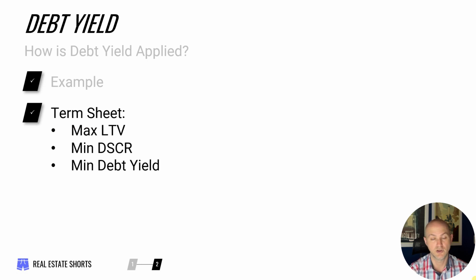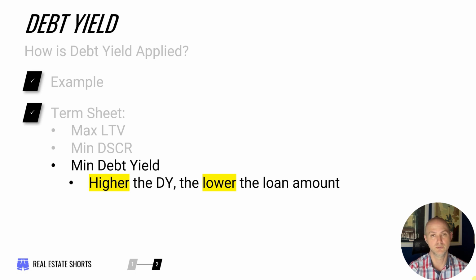A lot of lenders will also include a minimum debt yield. And so one more time, the higher the debt yield, the lower the loan amount. So I'm seeing a lot of lenders these days creep up from a minimum debt yield of 9, 9.5 to 10, 10.5 to 11, 11.5. They're increasing that debt yield to reduce the amount that they lend as a tool to be more conservative during uncertain times.